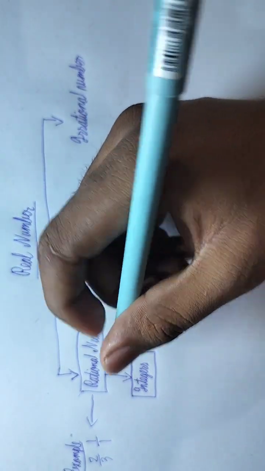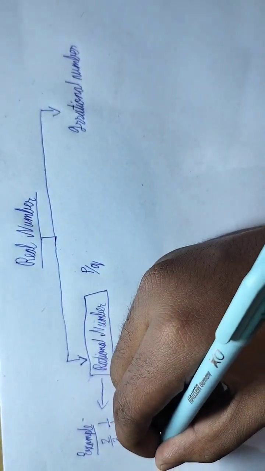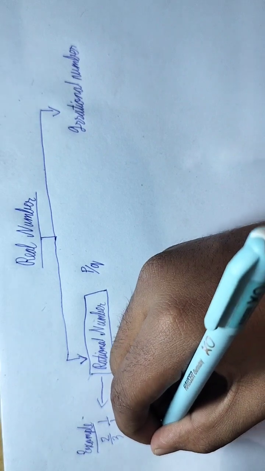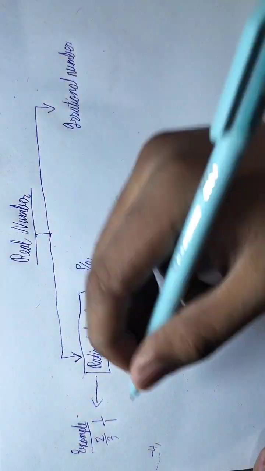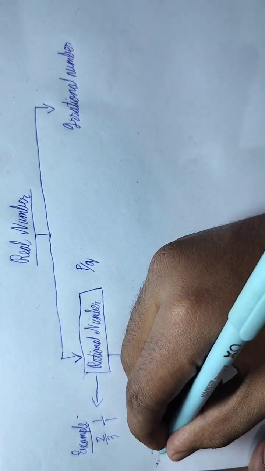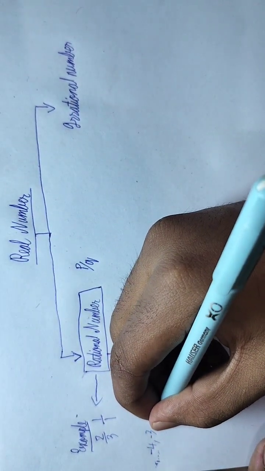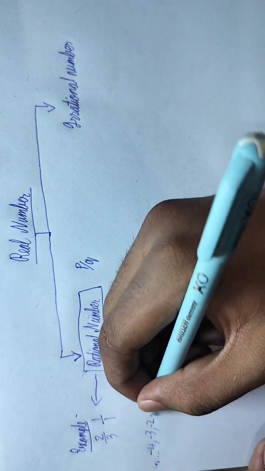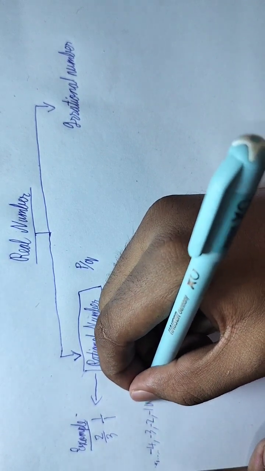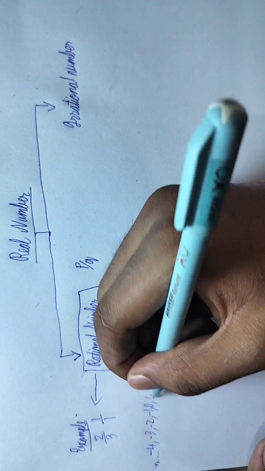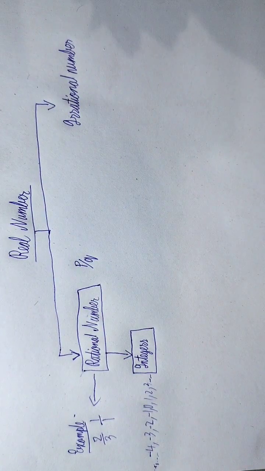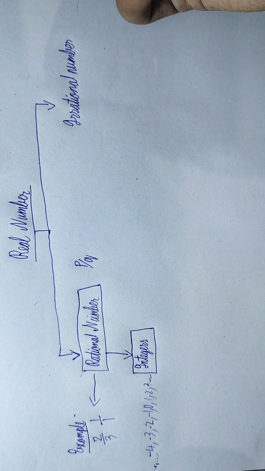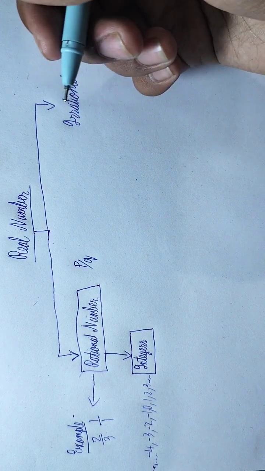We can write this like -4, dot dot dot, -3, dot dot dot. Means all negative numbers and positive numbers including 0 are known as integers.